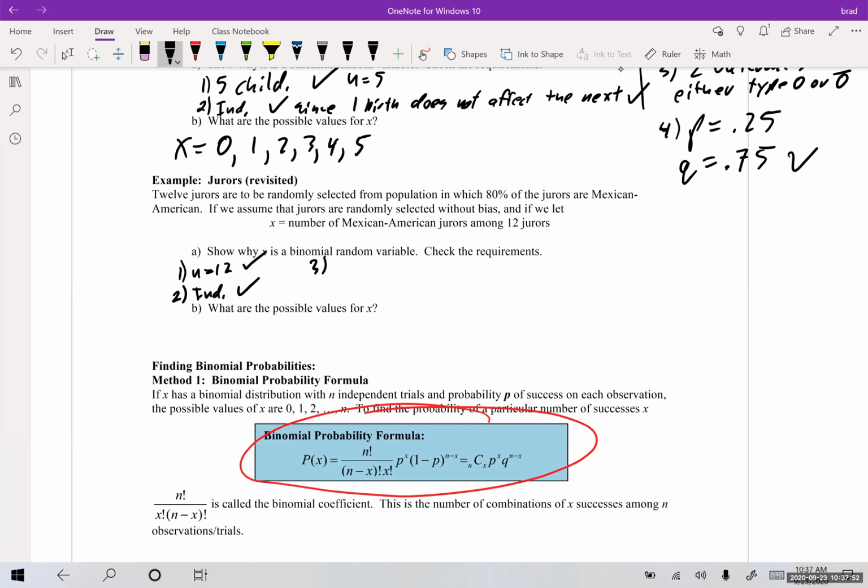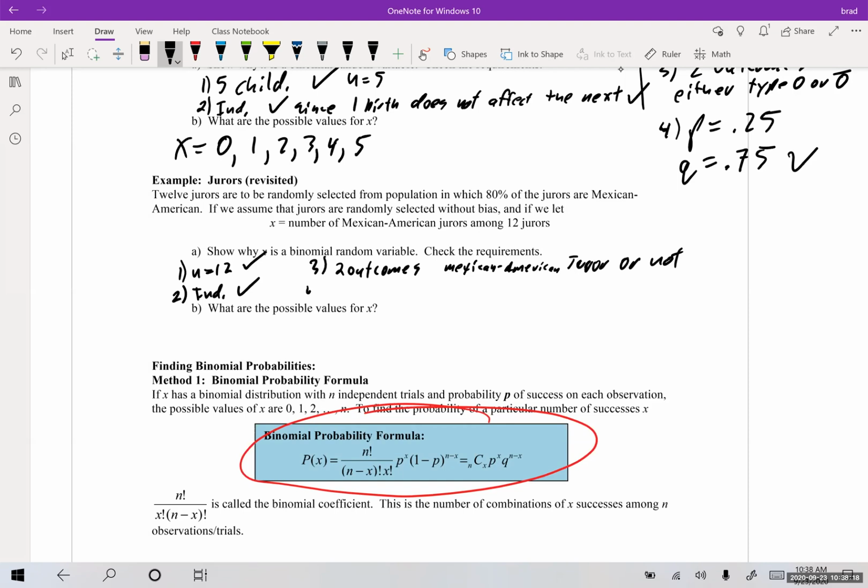how do we set this up? 2 outcomes: Mexican American juror or not. That's pretty much the 2 outcomes.